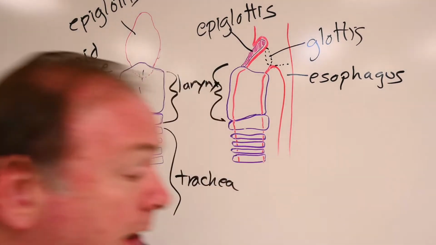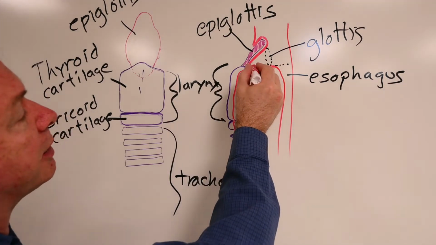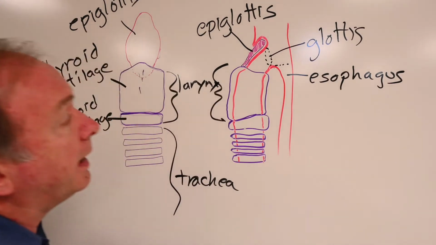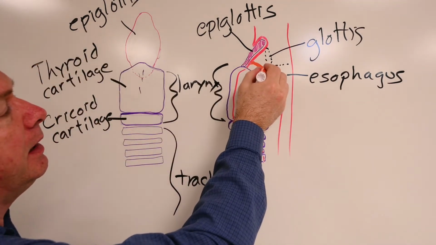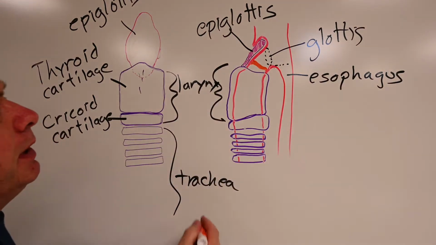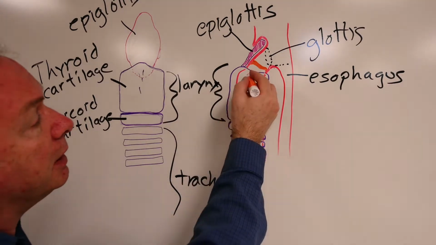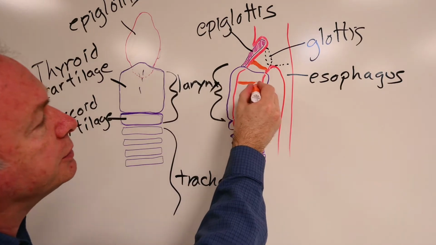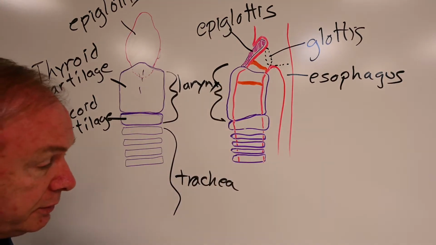In the upper part of the larynx, right across through here, make that in orange here, are a couple of folds that come in. Those are not your vocal folds. Those are your false vocal folds. A little bit lower down here in the larynx, you'll find your true vocal folds. So we have false vocal folds and true vocal folds.